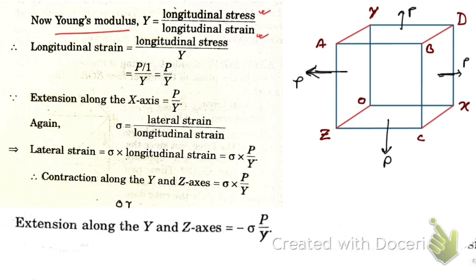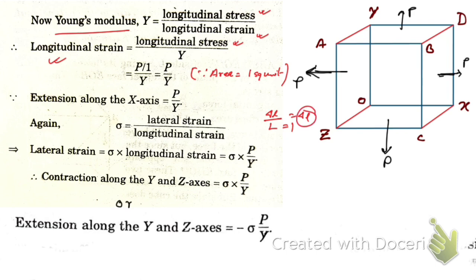Therefore longitudinal strain is equal to longitudinal stress by Y, and stress is equal to P by 1, which is going to be equal to P, since area is equal to 1 square unit. Now longitudinal strain is going to be change in length by original length. Here original length is 1, so that's going to be equal to del L. So it's going to give you the extension actually here, right?